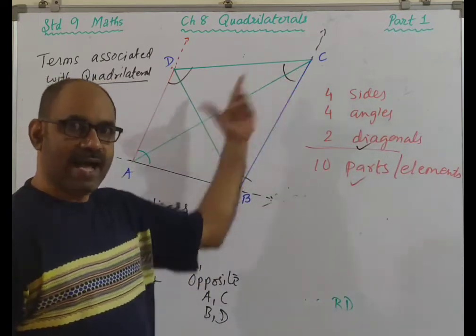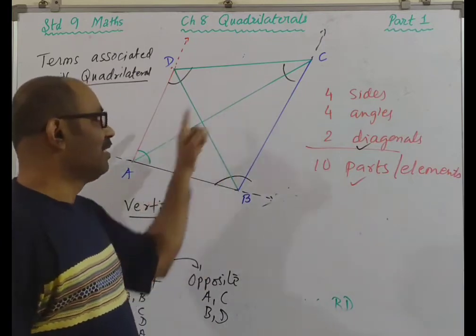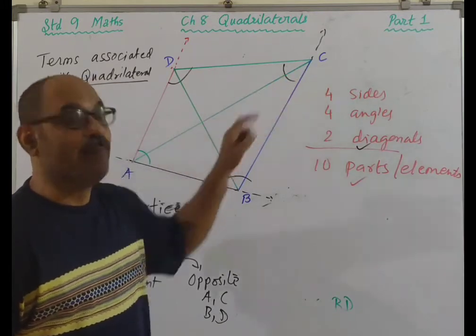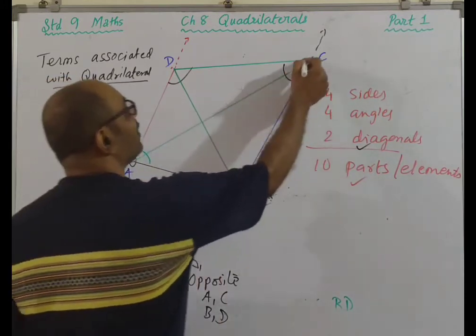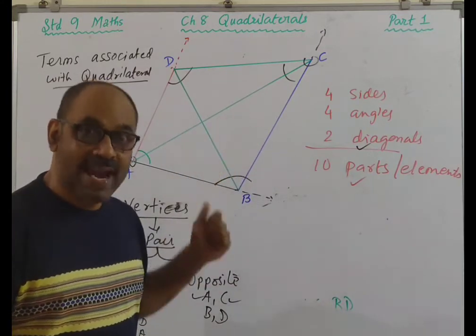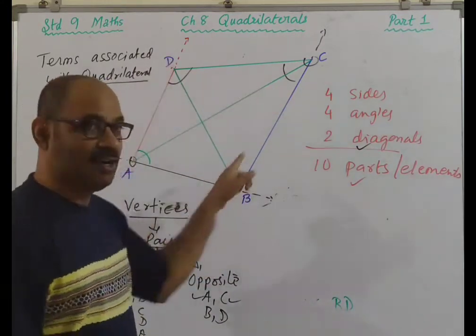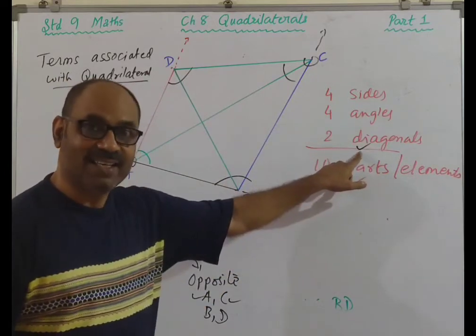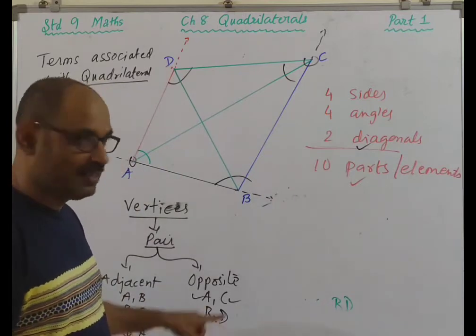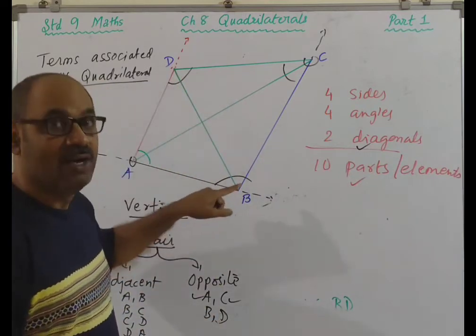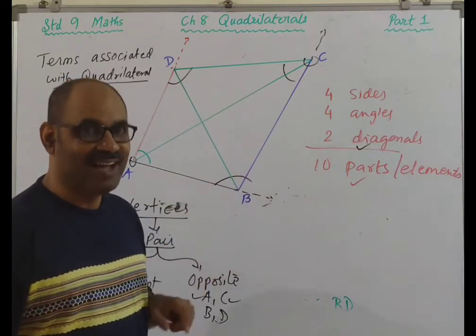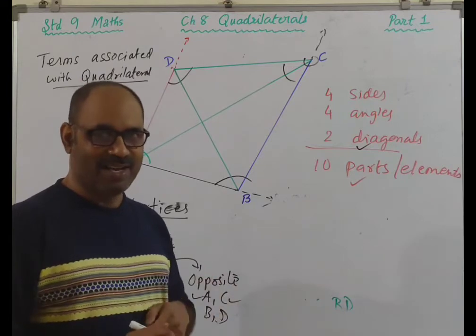A diagonal is also a line segment: the line segment whose end points are opposite vertices. See, A and C are opposite vertices. A line segment whose end points are opposite vertices of a quadrilateral is known as a diagonal. B and D are opposite vertices, so BD is a line segment whose endpoints are opposite vertices of quadrilateral ABCD. So that is called a diagonal.